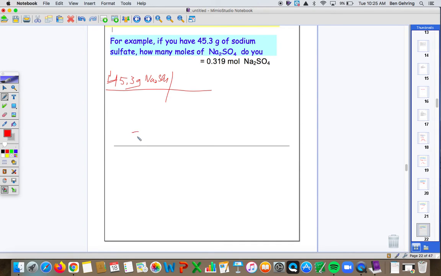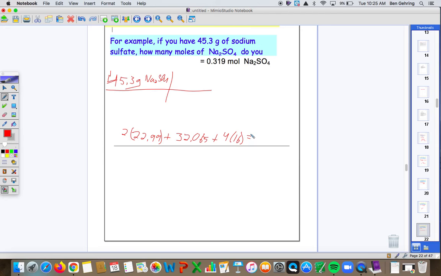So I'm going to take 22.99 times 2, plus sulfur, which is 32.065, plus SO4, 4 times 16 or 64, however you want to word it. You multiply all those together.